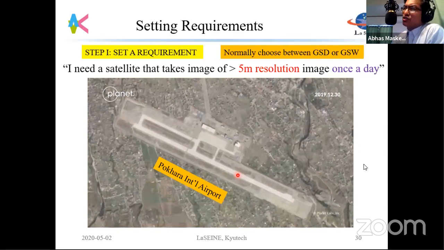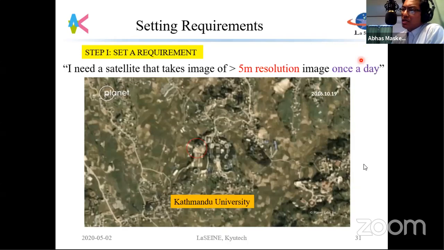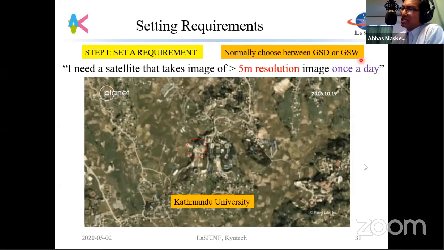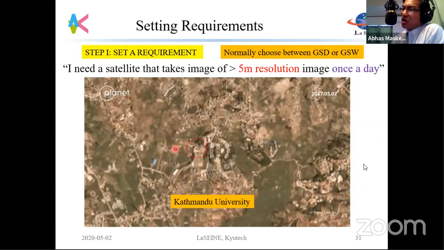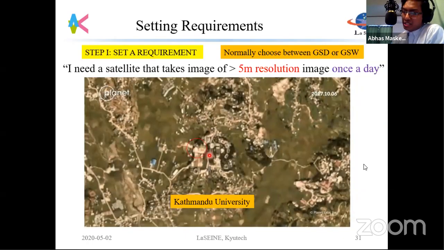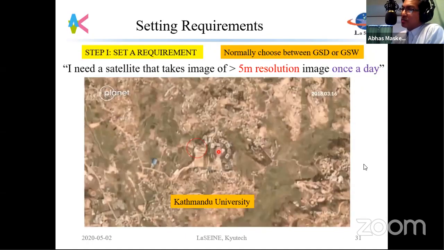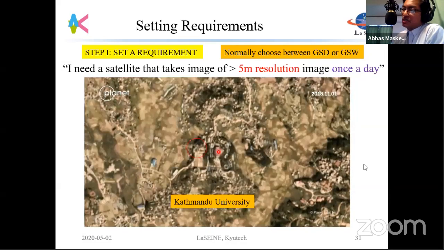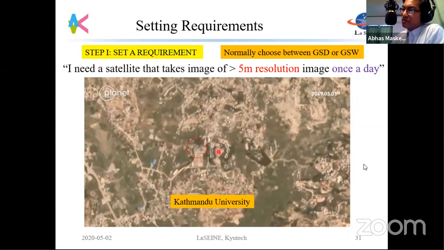Normally you choose between ground sampling distance and ground swath, either one of them. So this is Kathmandu University. I haven't been to Kathmandu University for a while now, so I just tried to see if any changes are being done. And if I'm not wrong, I noticed that there is a swimming pool at this moment. So 5-meter resolution gives you quite some information.